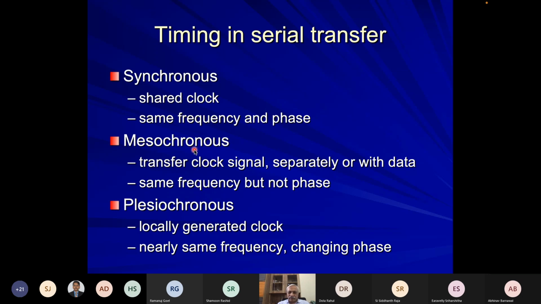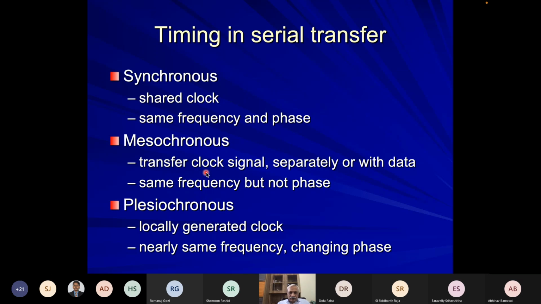Mesochronous means that you are transferring clock signals either separately or with the data. Because of the delay, the clock signal at the two ends will have the same frequency, but they may be out of phase.